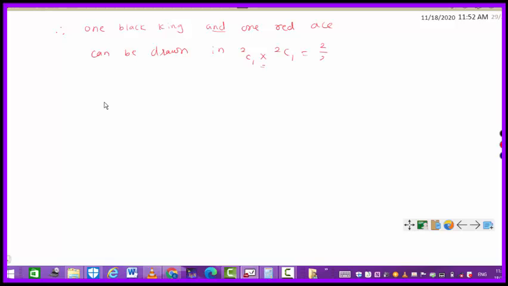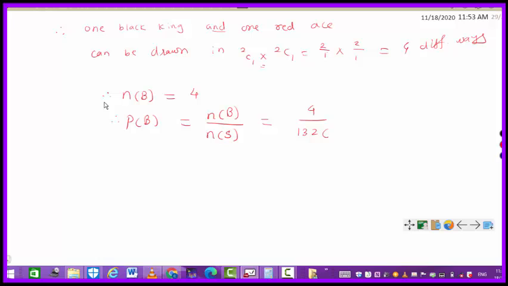This is equal to 2 by 1 into 2 by 1 equal to 4 different ways. Therefore, this event B can happen in 4 different ways. Therefore, probability of the event B is equal to n of B divided by n of S, which is 4 divided by 1326. This is the solution.